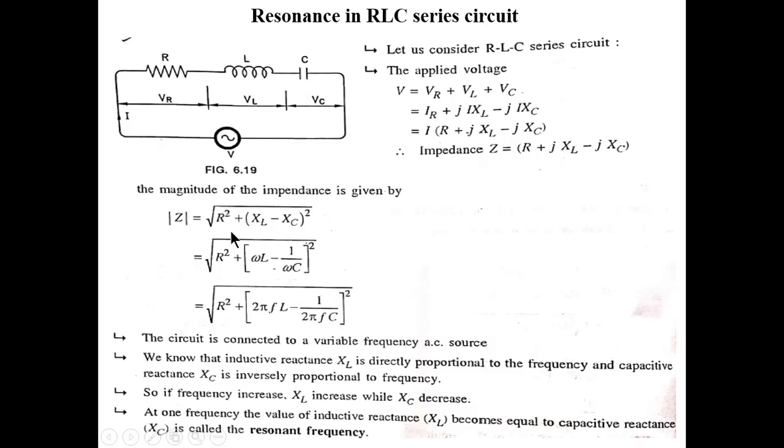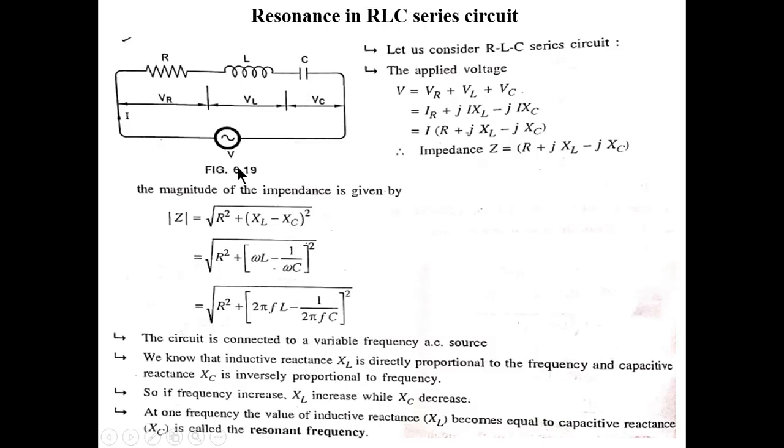In the circuit diagram, we have taken a variable frequency supply source, and we know the relation between frequency, inductive reactance and capacitive reactance. XL is equal to 2 pi f into L and XC is equal to 1 upon 2 pi f into C.